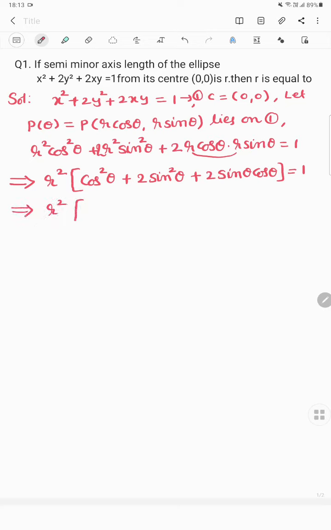R square into cos square theta plus sin square theta plus sin square theta plus 2 sin theta cos theta is equal to 1. Sin square theta plus cos square theta value is 1.